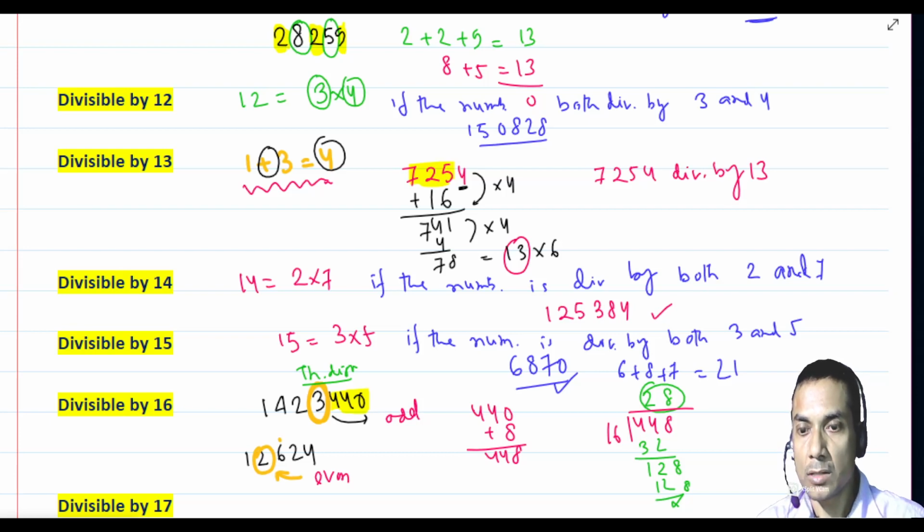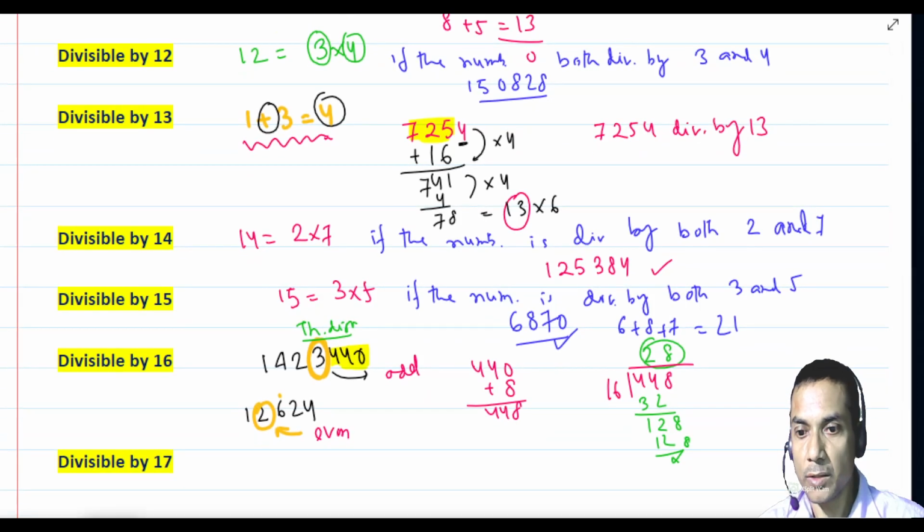Then simply you divide this number with 16, so 624 with 16.